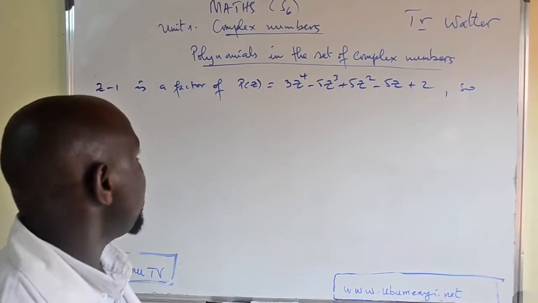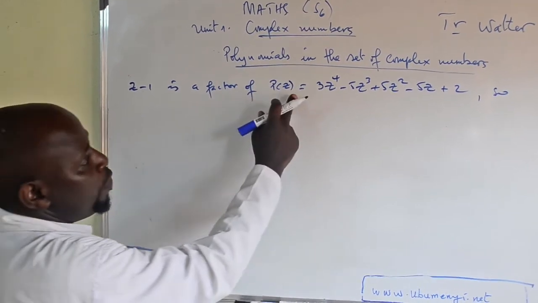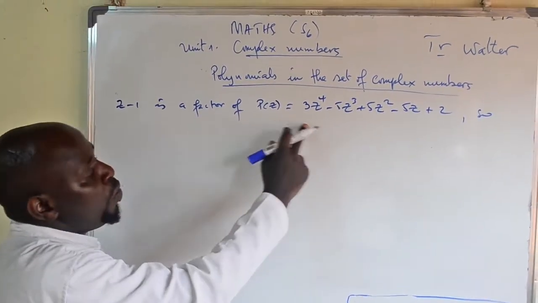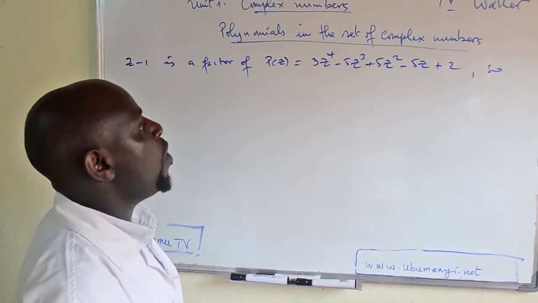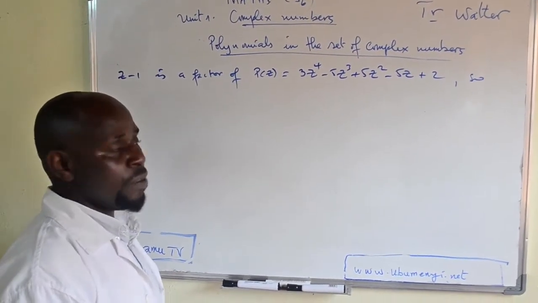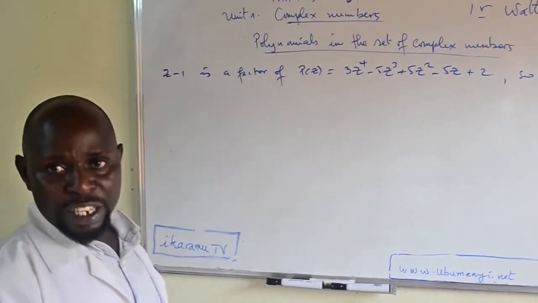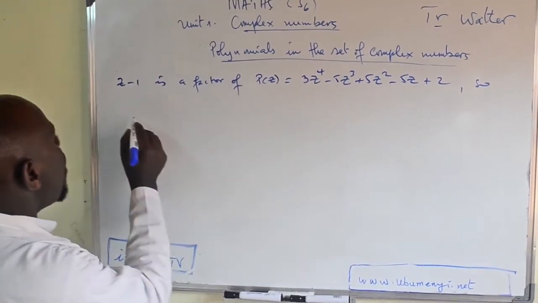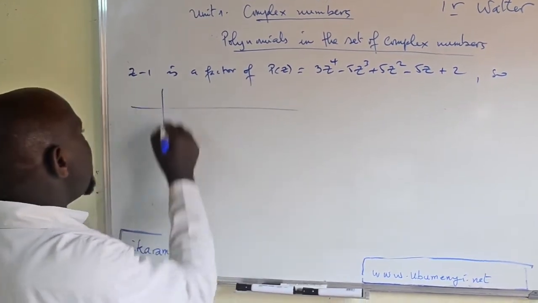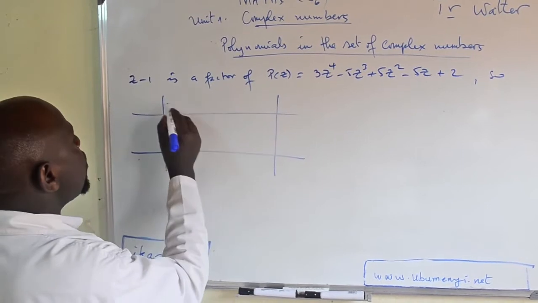So, lovely students, we have seen that Z minus 1 is a factor of the polynomial P of Z, which is equal to 3Z power 4 minus 5Z cubed plus 5Z squared minus 5Z plus 2. So, using the synthetic division that we are all used to, we are going to have now this. We are going to have here the coefficients first.